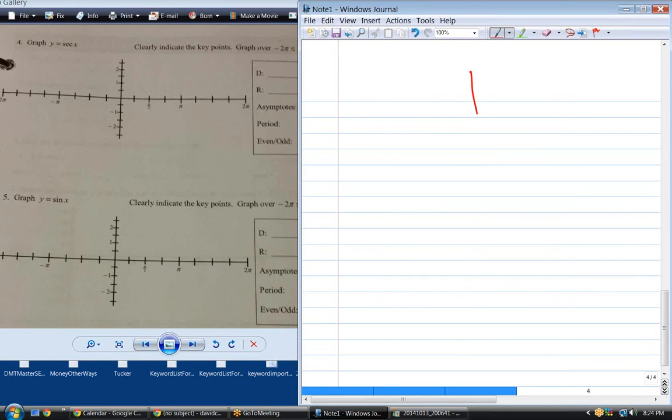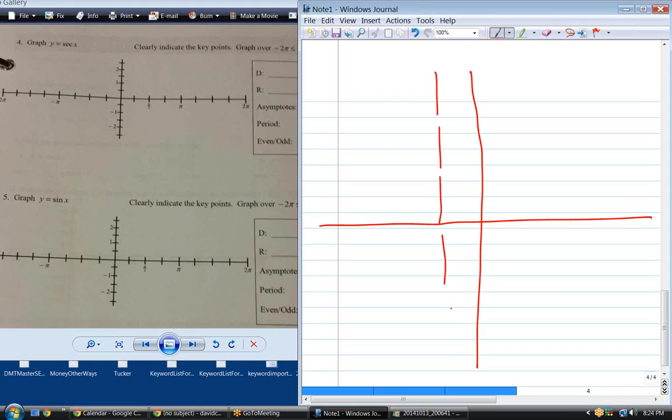Where's secant of x's asymptotes? So these ones are every pi over 2. Because you know that that first thing has to fit in pi.